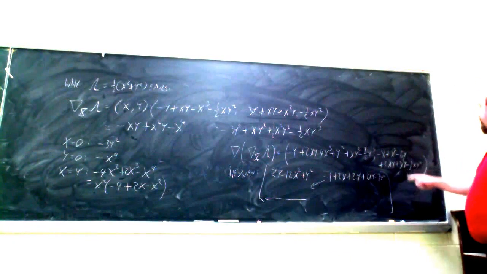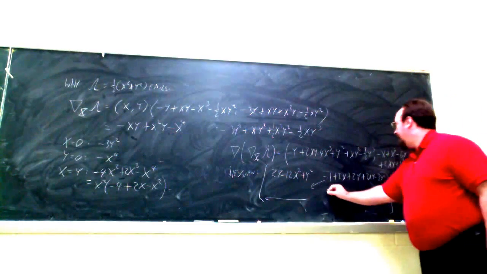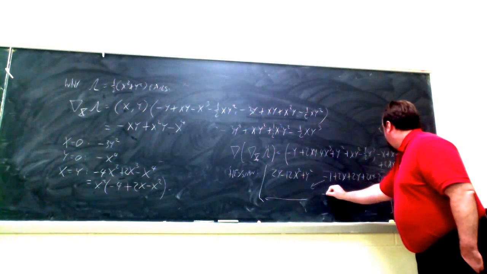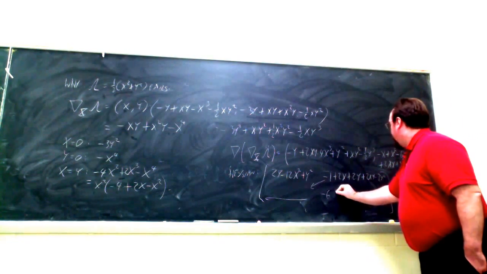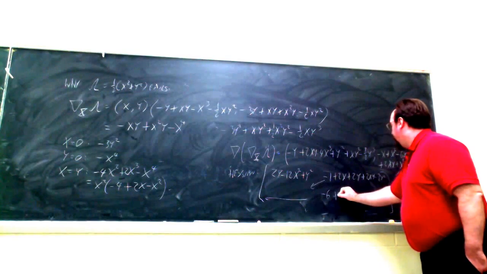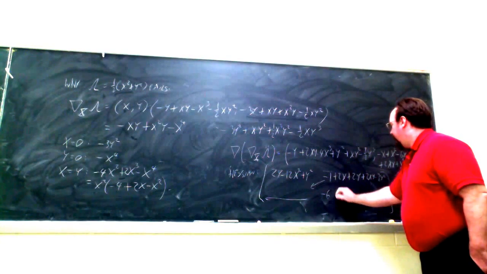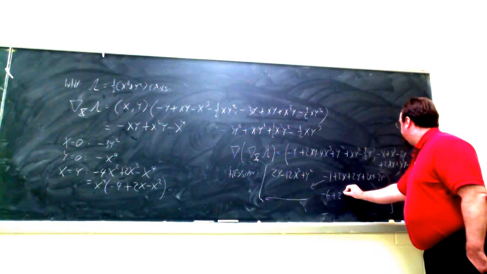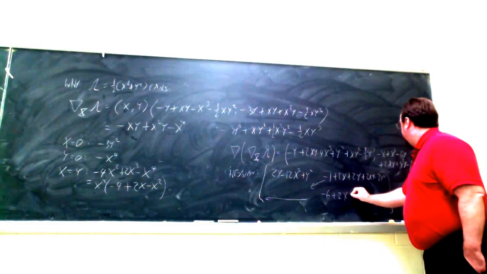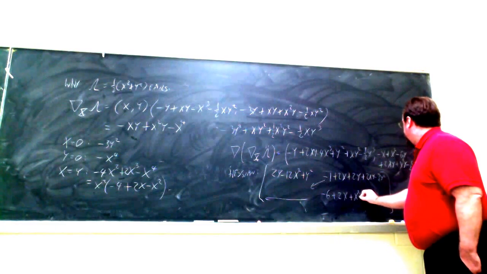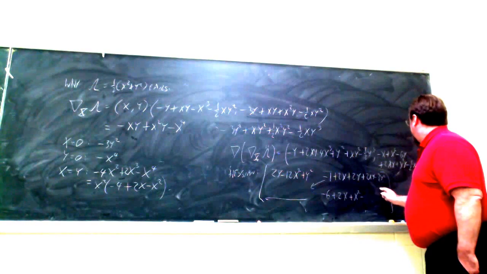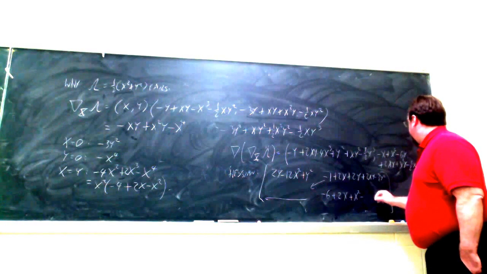And then this with respect to y is going to be minus 6 plus 2 plus 2x plus x squared minus 3xy.